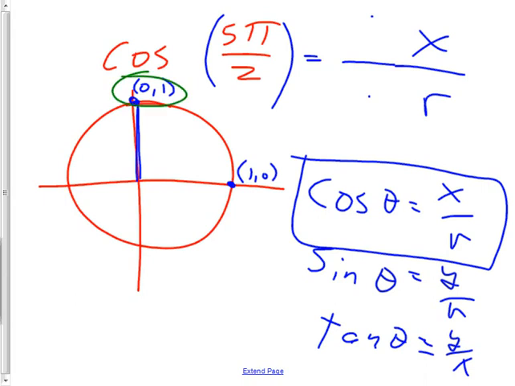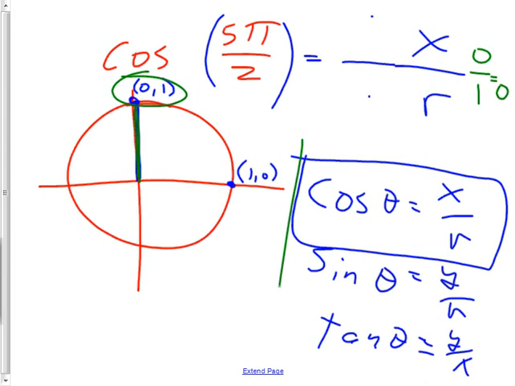I need this because that's where I am. Okay, so then what's the x? 0. What's the r? So it's 0 over 1, which is equal to what? 0. The answer to that one is 0. You can just say 0.